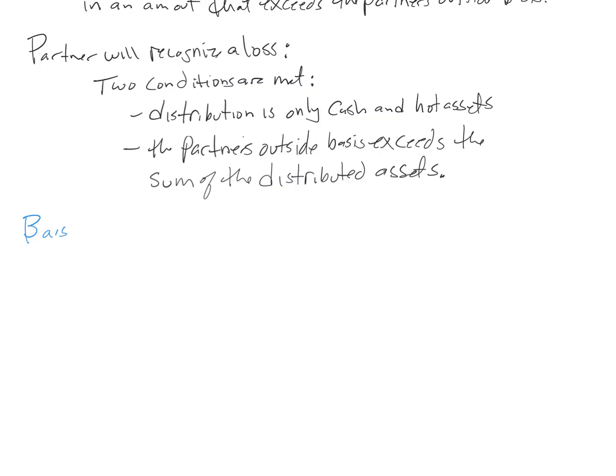Now we have to determine for the partner now, or the person who is no longer a partner, who has all these assets that were just distributed to them, what is the basis? So what's the basis in this distributed property? How do we figure that out?